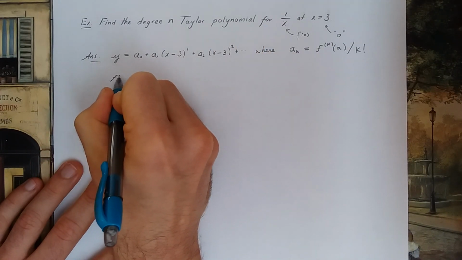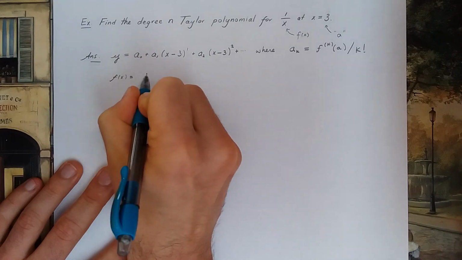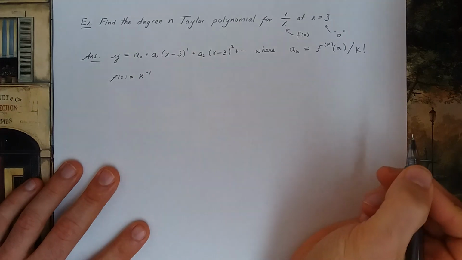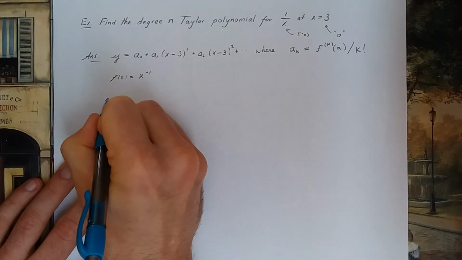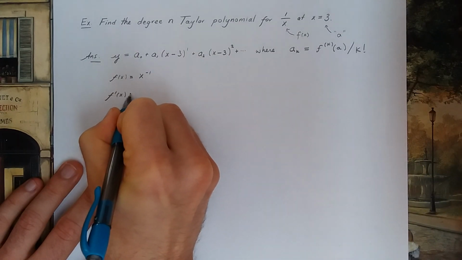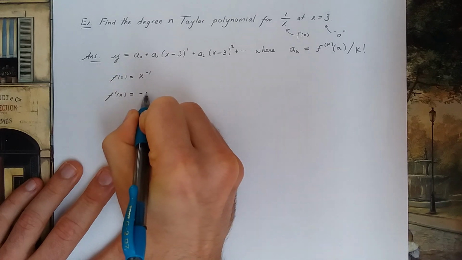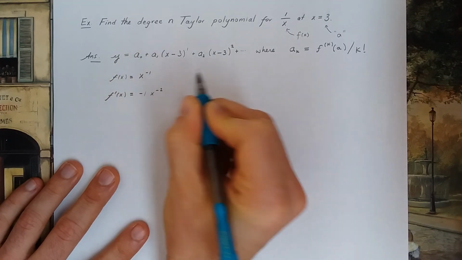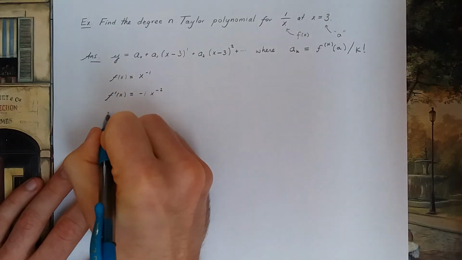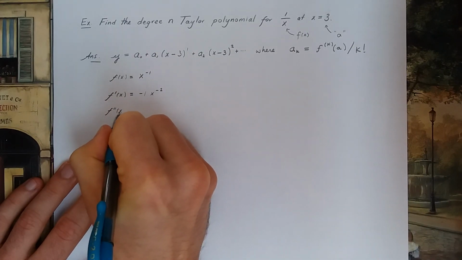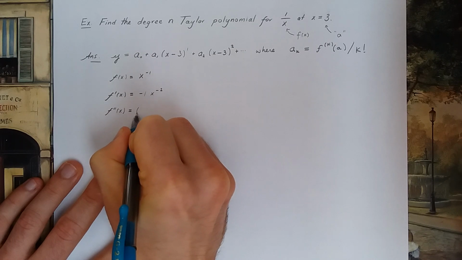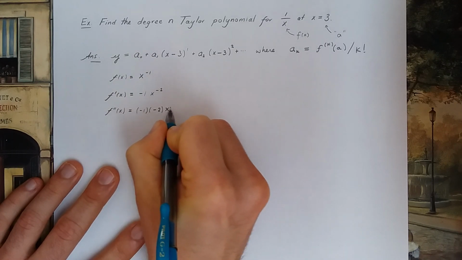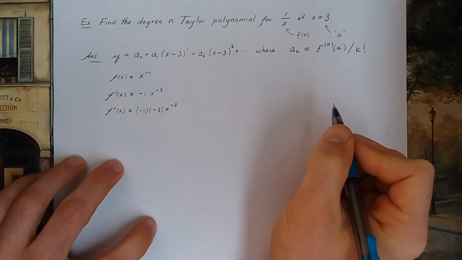Here our function f of x is 1 over x. Maybe I'll write that as x to the negative first power. The derivative is negative 1 x to the negative 2 power. The second derivative, negative 1 times negative 2 x to the negative 3 power.